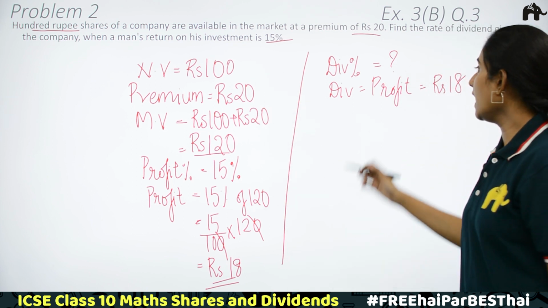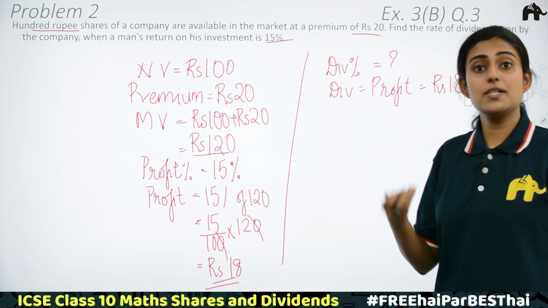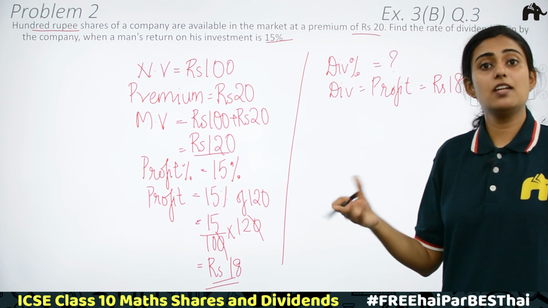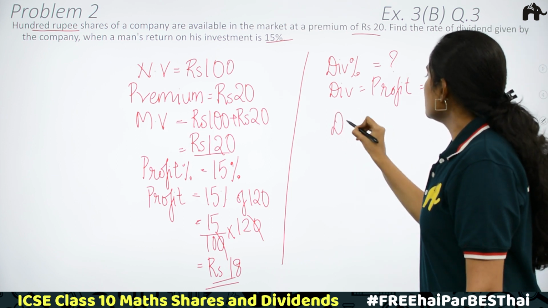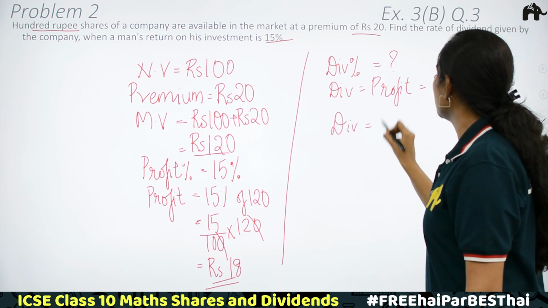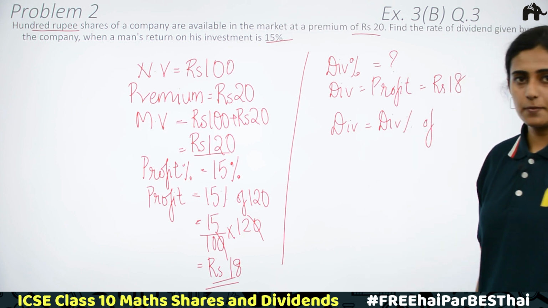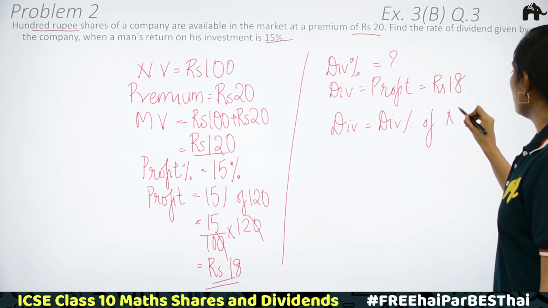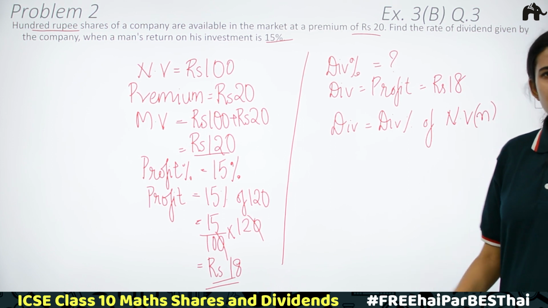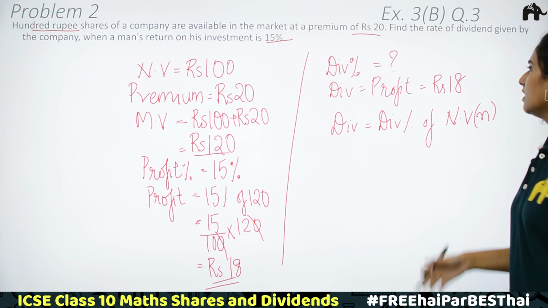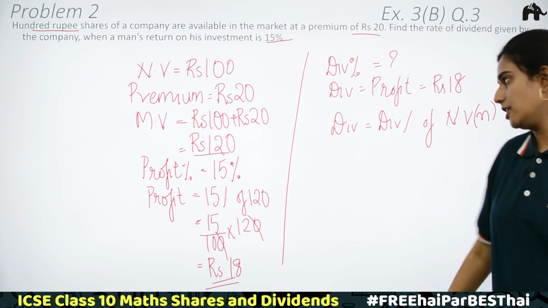Then we can easily calculate the dividend percentage. Dividend is equal to dividend percentage of nominal value of n number of shares. Here the number is not mentioned. We are calculating everything with respect to one share.